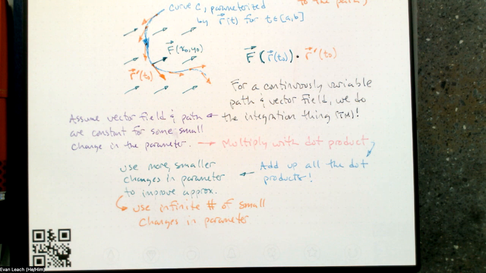This is most closely related to calculating the arc length way back in Calc 1 or Calc 2, in single variable calculus. It's a bunch of tangents, not line segments connecting the points.